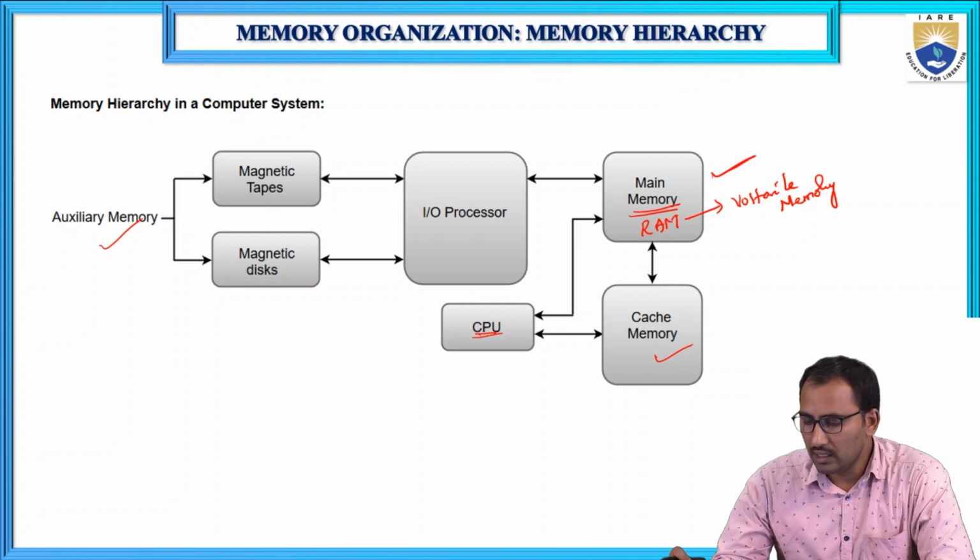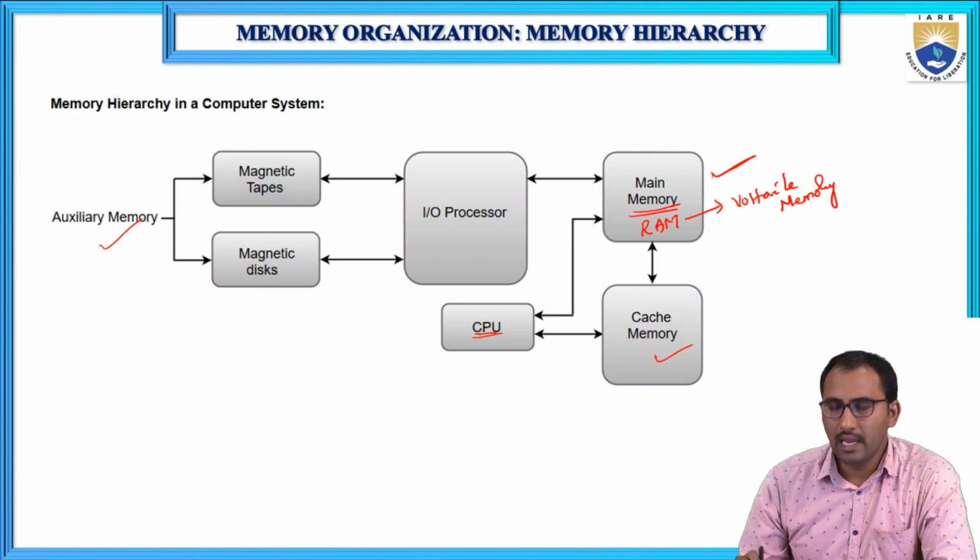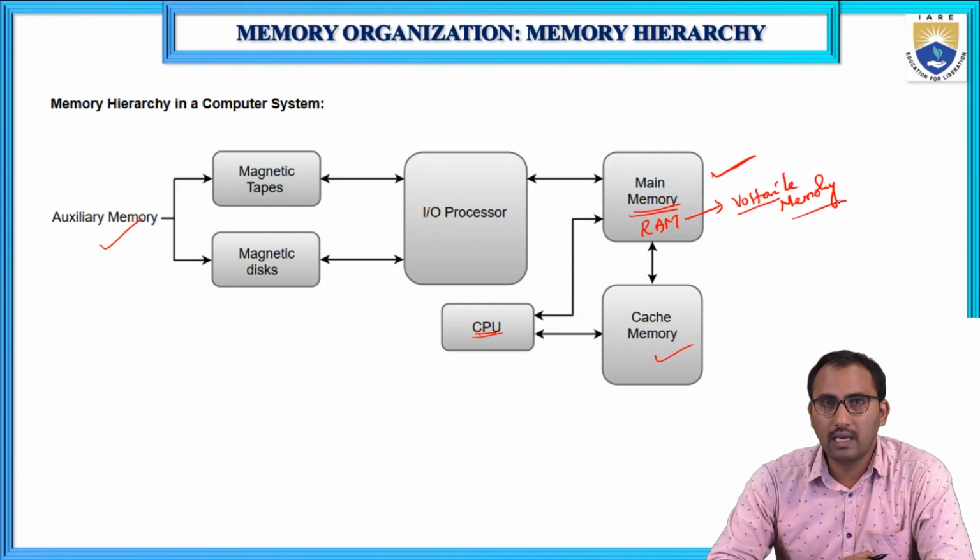The data present in main memory will be there only until the power is turned on. When the power fails, the data stored in the main memory gets erased. So it has the property of volatile memory.